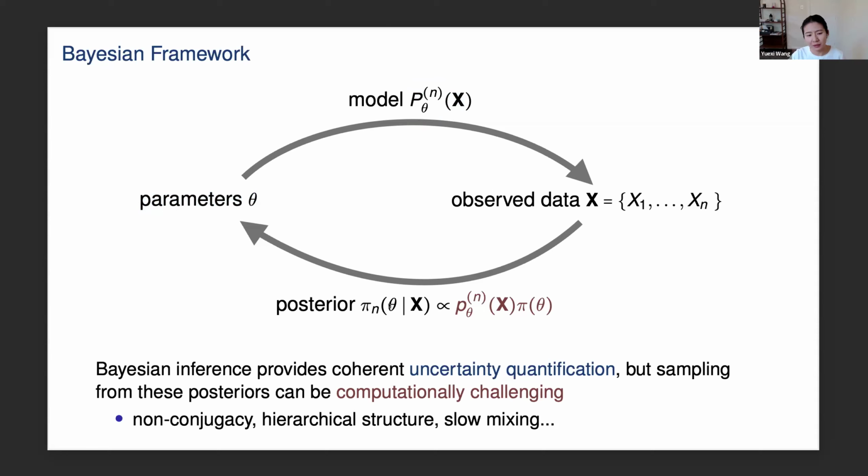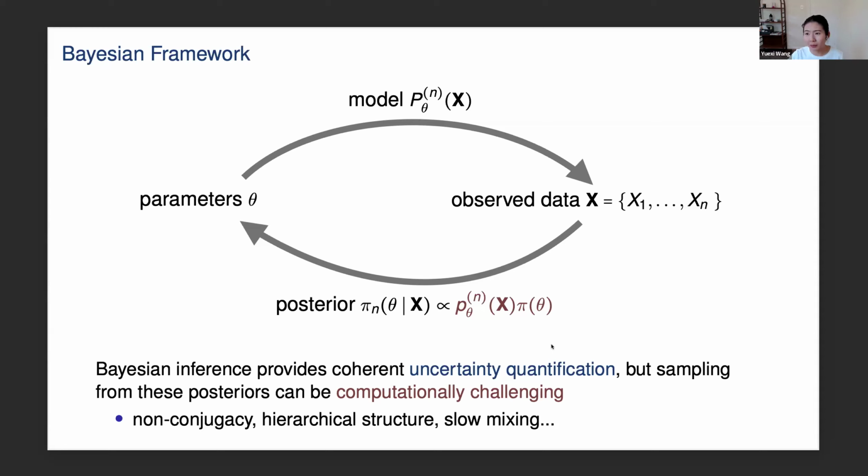In the Bayesian sense, this is characterized by the posterior distribution, which is proportional to the product of the likelihood function and the prior. So Bayesian inference provides this nice and coherent way to do uncertainty quantification, and as you receive more data points, you can keep updating your beliefs using the same framework.